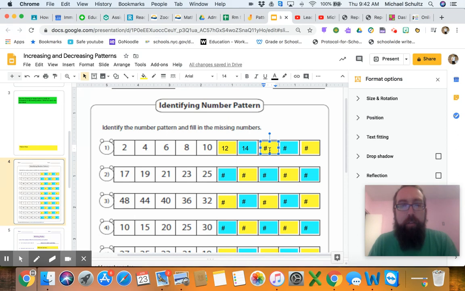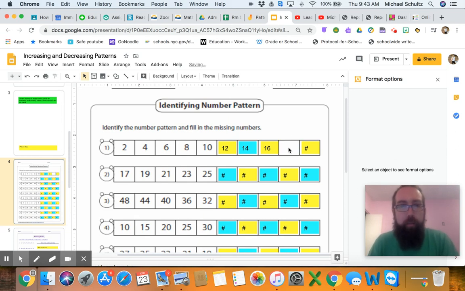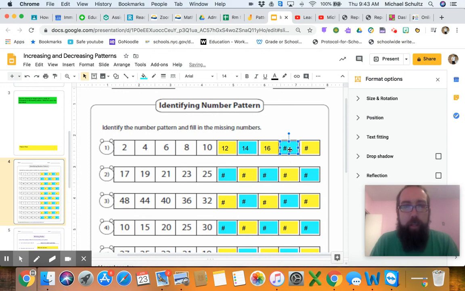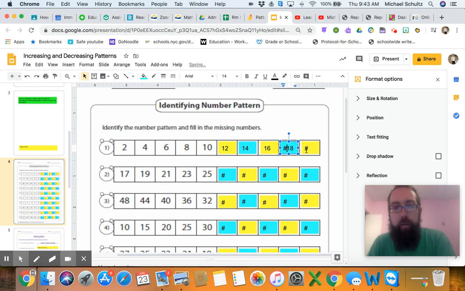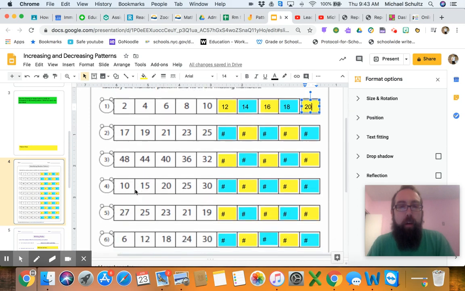The colors are just to let you know where the text boxes are. 16. 18. Oops. Again, this is what our undo function is for, just in case we make a little mistake. 18 and 20.